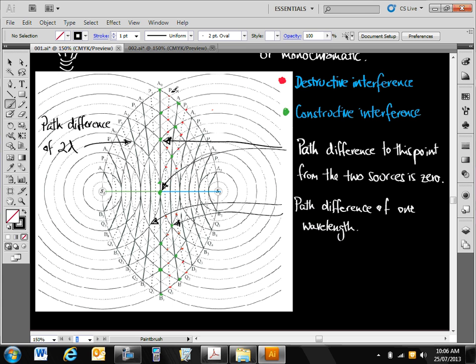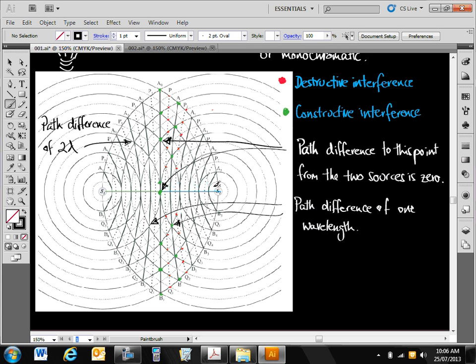Have a look here through these regions PQ. I've drawn them with red dots. You can see here a crest and a trough intersecting, and so we would have destructive interference along this line through here. What do we get from here? We get a trough.